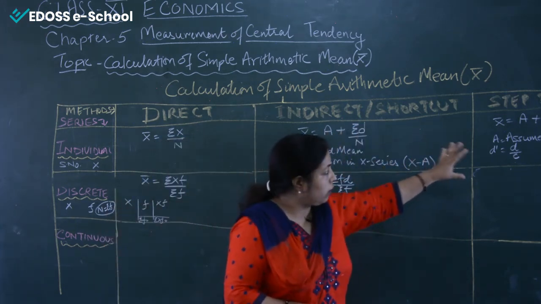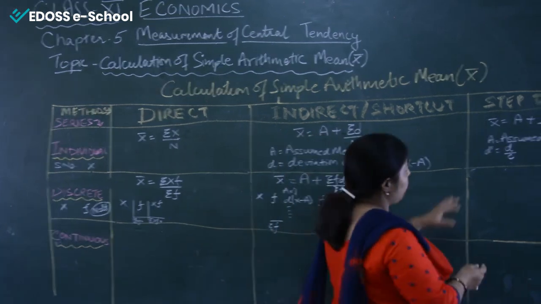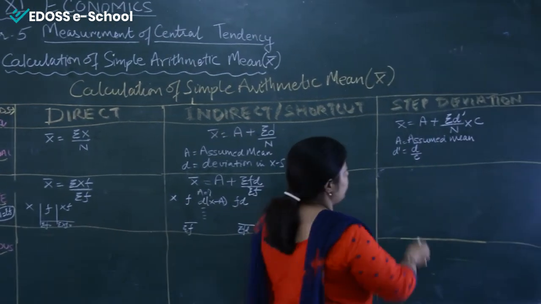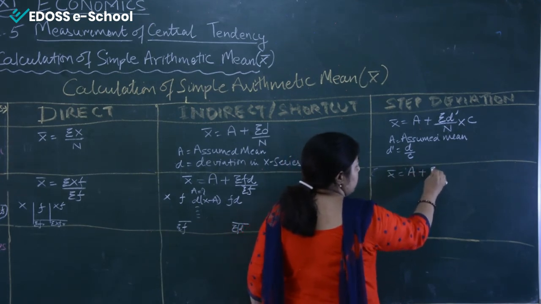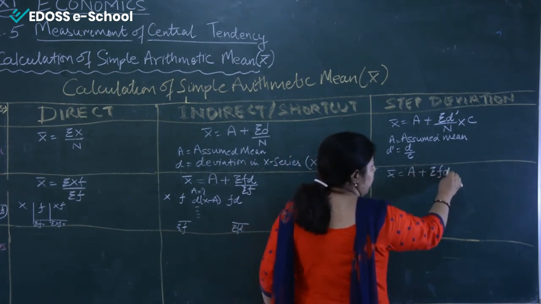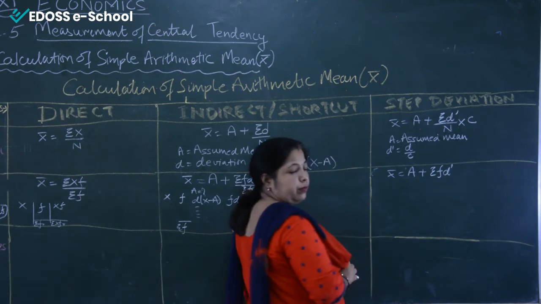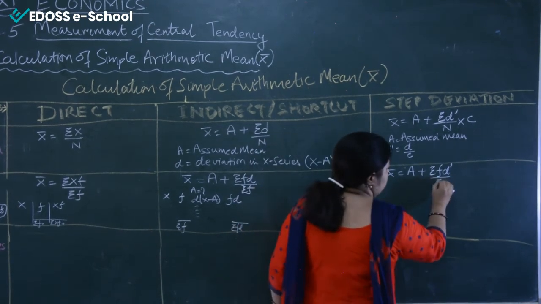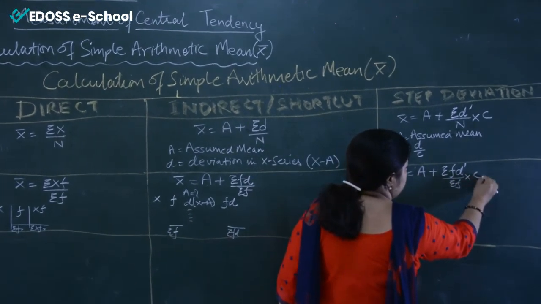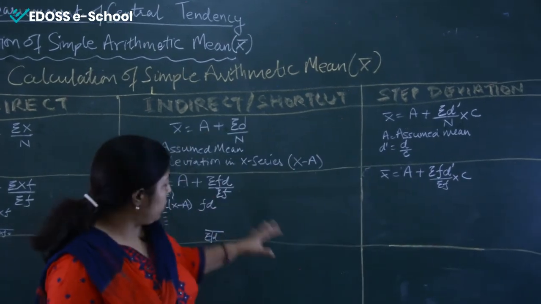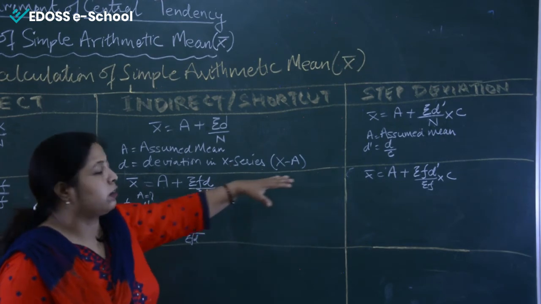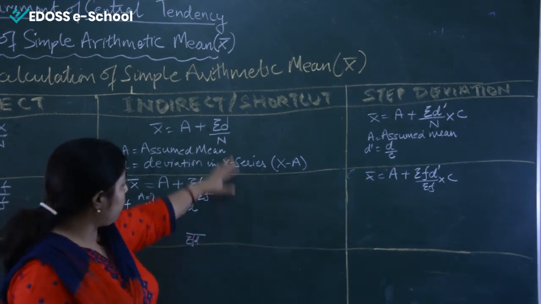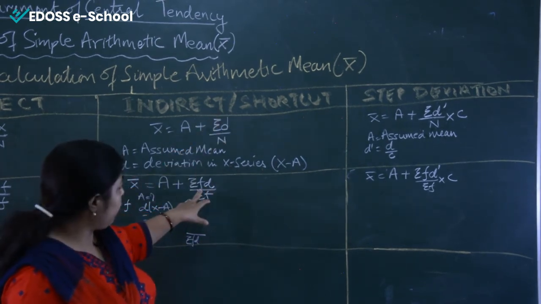Now we are coming to the step deviation method. The formula to calculate mean under the step deviation method is X bar is equal to A plus summation FD dash upon summation F into C. Now you must be noticing the change. The only change is that F is added in the discrete series. Thus the formula is the same.